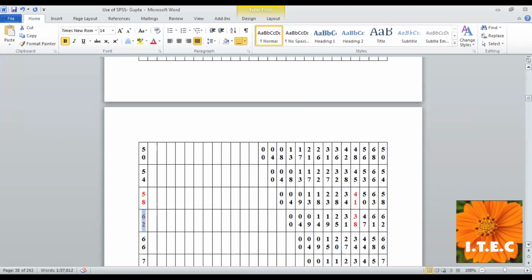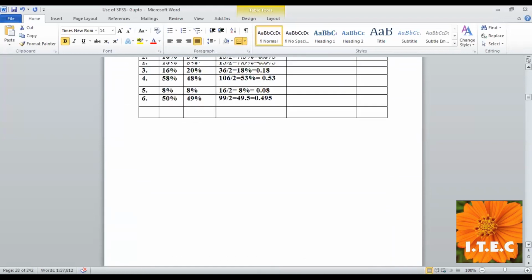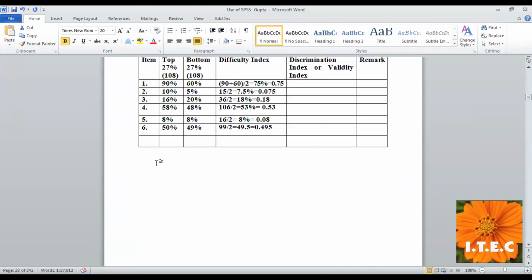So let us see how I calculate. Now you know that bottom 27%, it is 58, and it is 62.